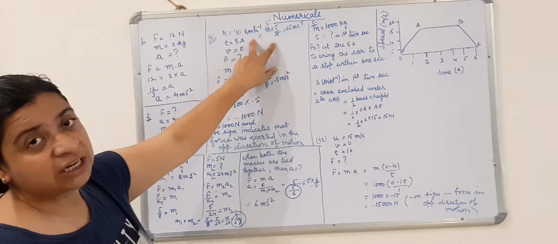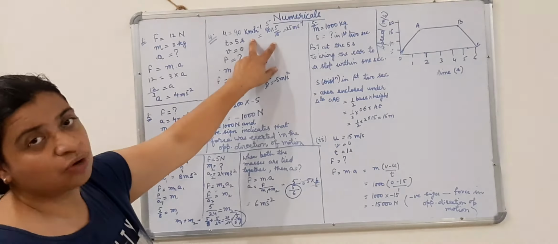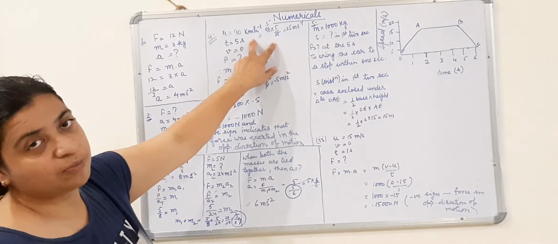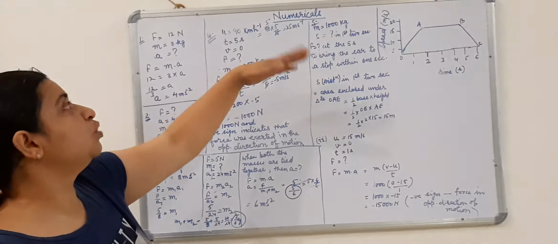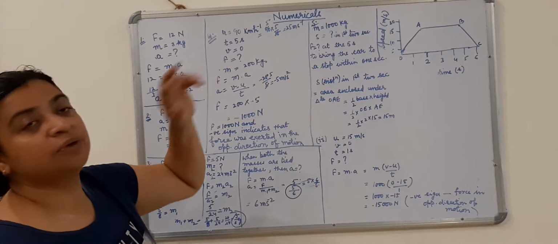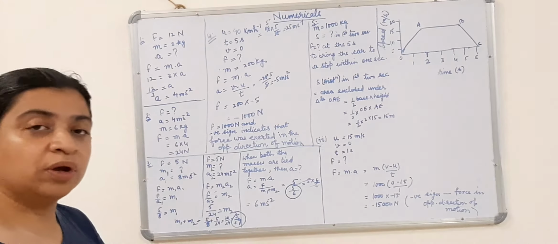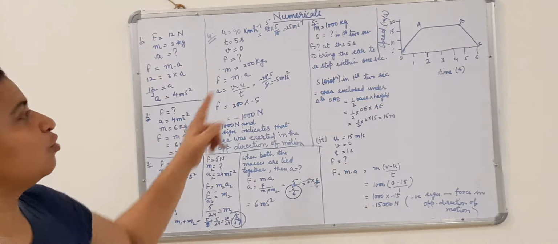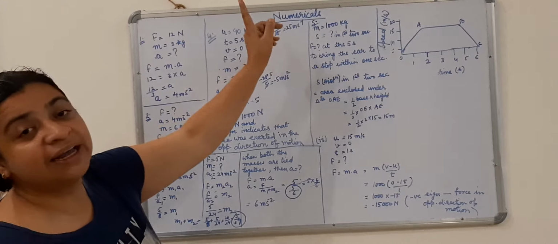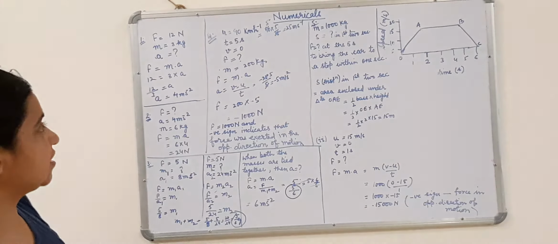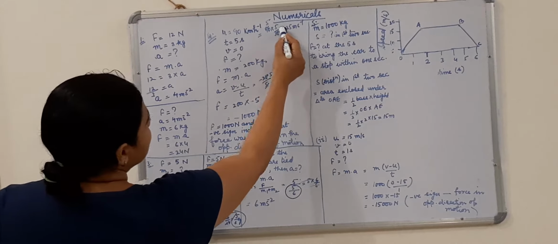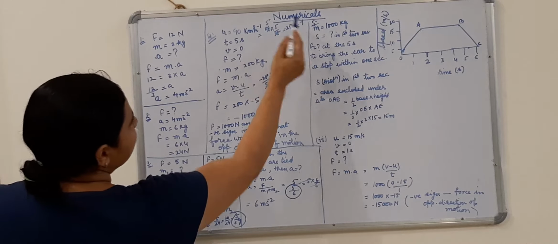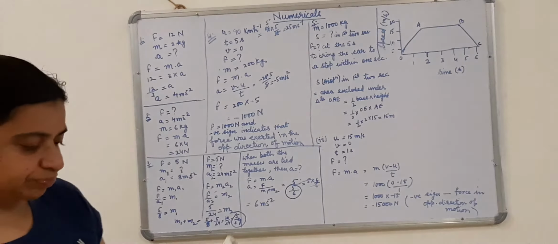If you need to convert kilometer per hour into meter per second, you have to multiply that quantity by 5 upon 18. And to do the reverse, if you want to change meter per second into kilometer per hour, you multiply that quantity by 18 upon 5, just the reverse of this. So when I multiplied 90 with 5 upon 18, I got 25 meter per second.